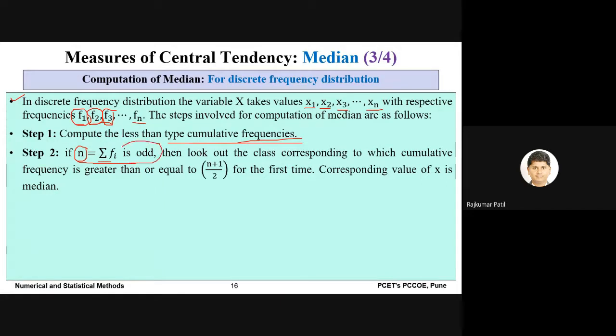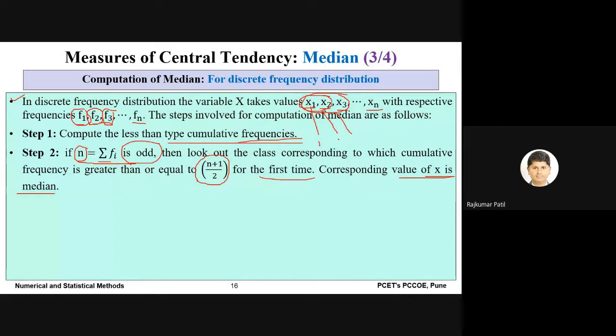And if this is odd, then we look for the class corresponding to which the cumulative frequency is greater than or equal to (n plus 1) divided by 2 for the first time, and that value of x is considered the median.